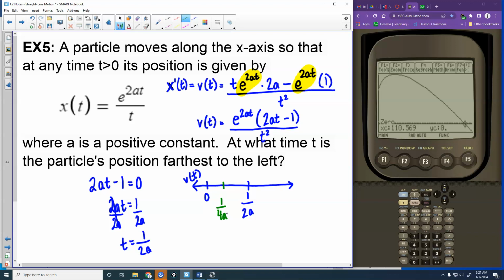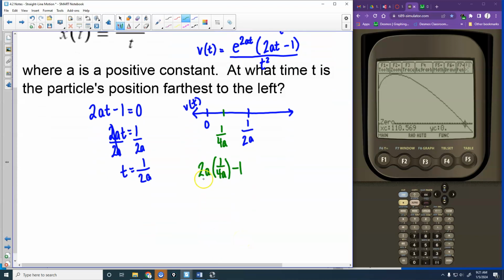So 1 over 4a is definitely going to work. We're definitely going to be between these two. So 2a times 1 over 4a minus 1 would be 2a over 4a minus 1. Those cancel. We got 1/2 minus 1. That is going to be negative right there.